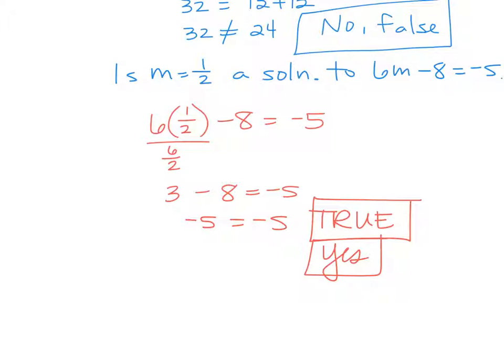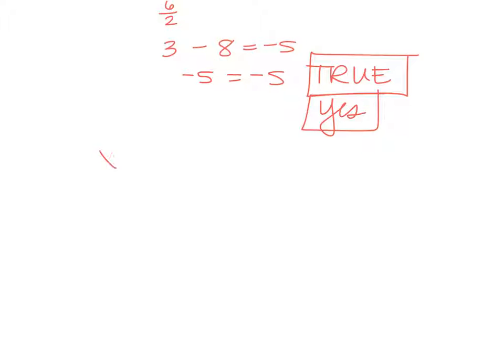Okay, one more of those. What if x equals 5 and our equation is 16 equals 4 times x minus 4? Okay, so if we plug 5 into that, is 5 a solution to this equation? Yes.